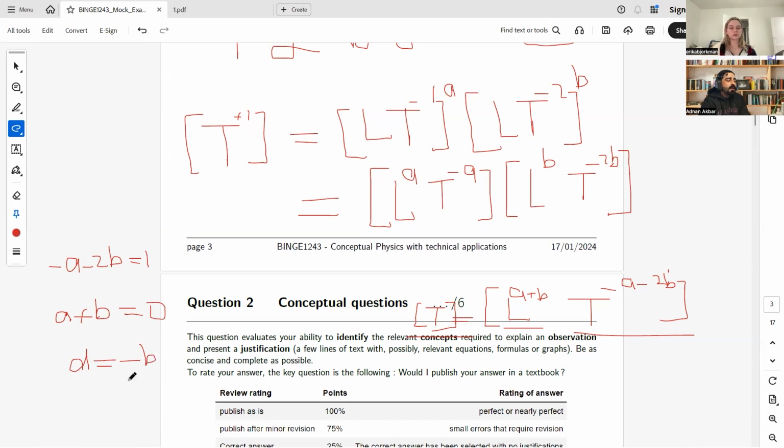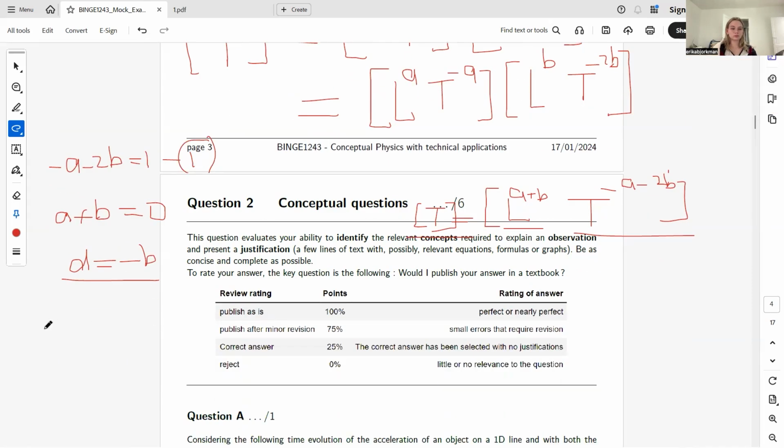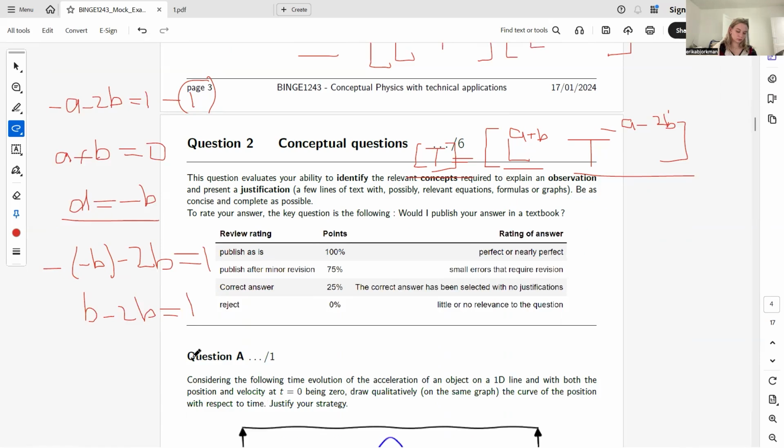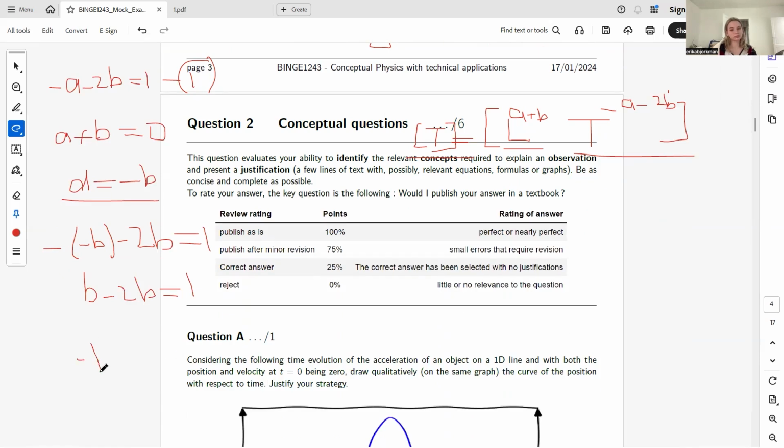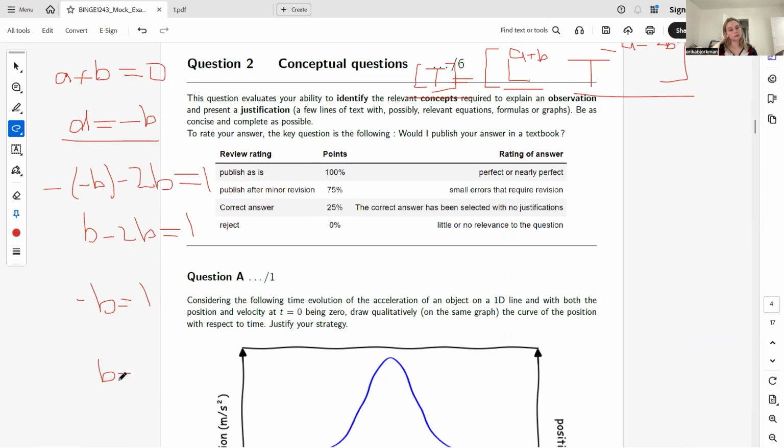We put this value of a in our first equation. Then our first equation will become minus into minus b minus 2b is equal to 1, plus b minus 2b is equal to 1, and you can write it minus b is equal to 1, then b is equal to minus 1.